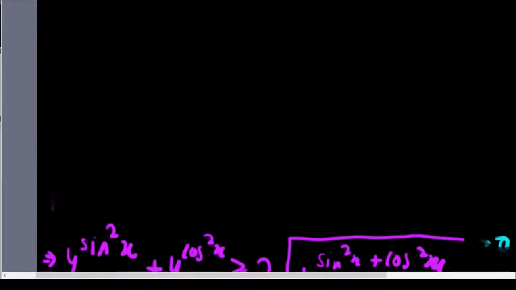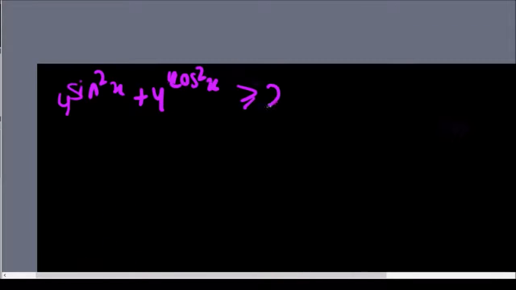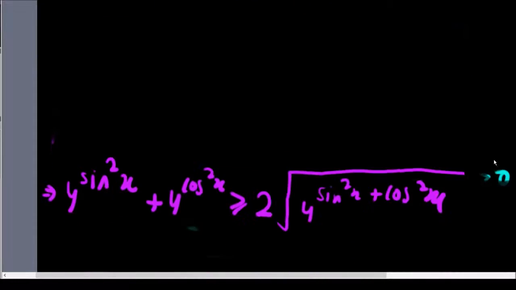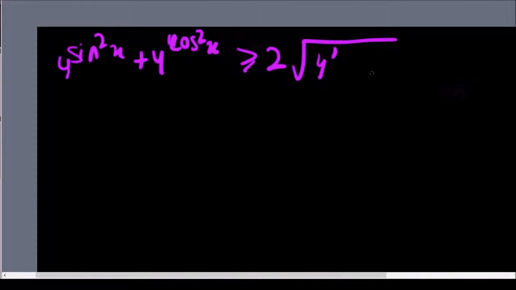So 4 to the power sine square x plus 4 to the power cos square x will be greater than or equal to 2 times the square root of 4 to the power 1, which is 2 times 2, which is greater than or equal to 4.